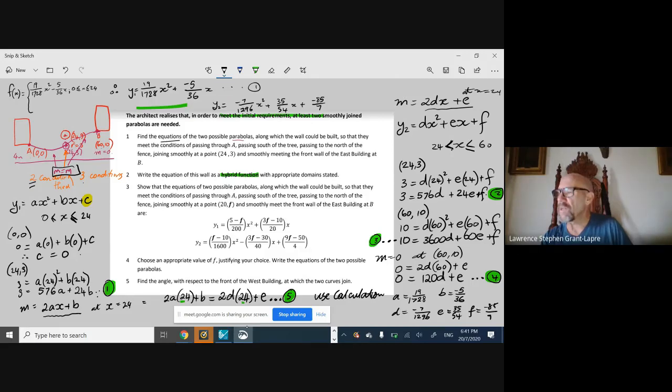The second equation, negative 7 over 1296 x squared plus 35 over 54x minus 85 over 9, and you write from 24, not just less than there, less than x and less than or equal to 60. Okay, and so there's your hybrid function.